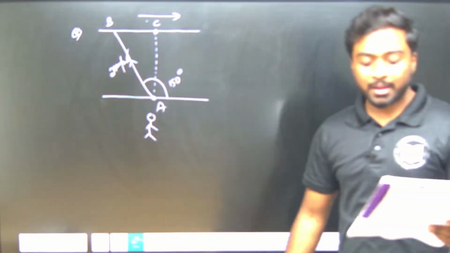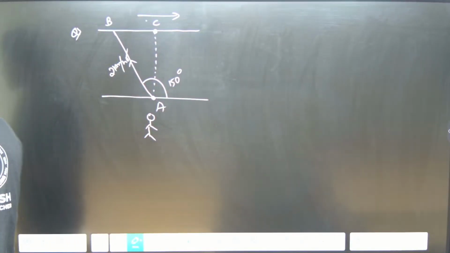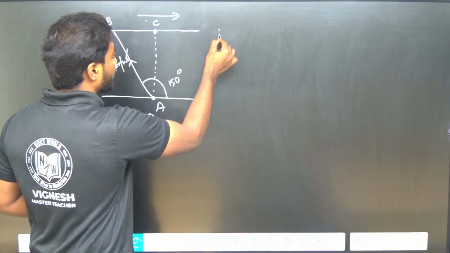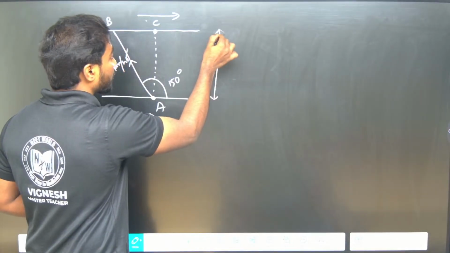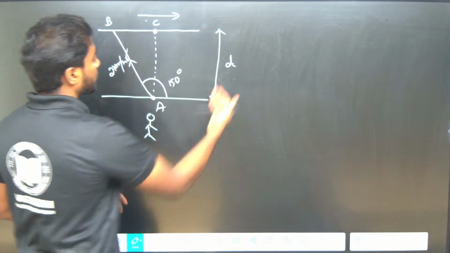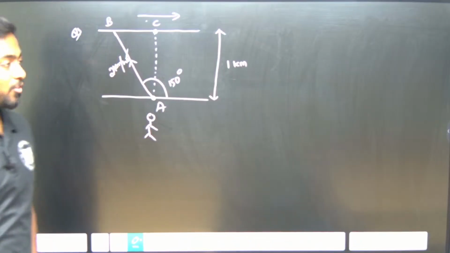Then what is the time taken by him to cross the river 1 km wide? The river is 1 km wide, okay. So how much time has he taken?